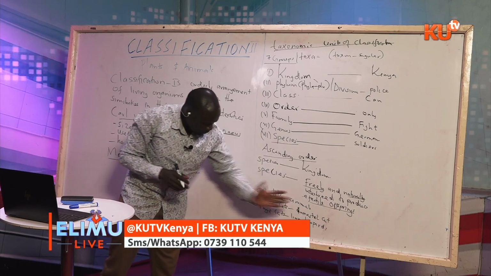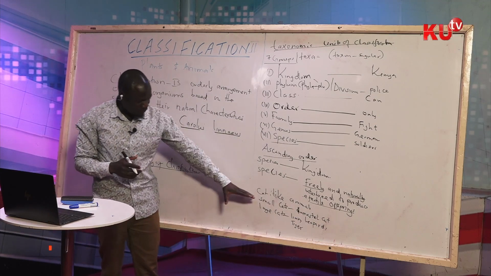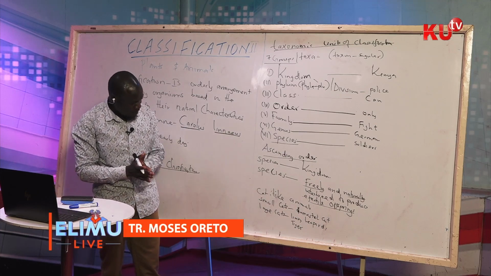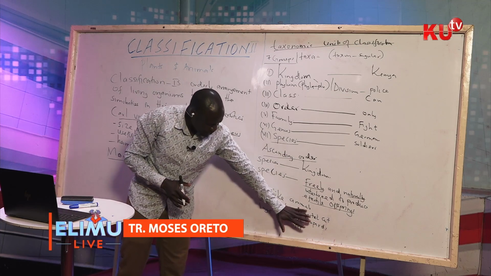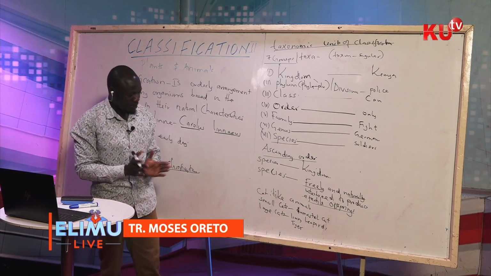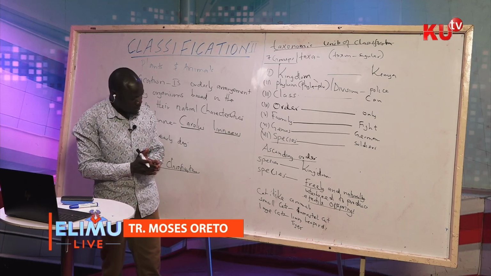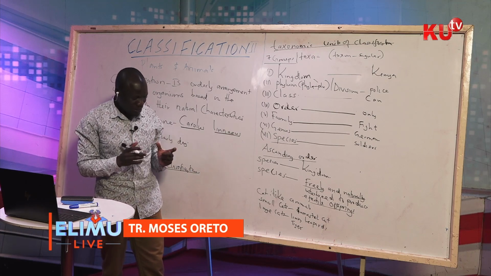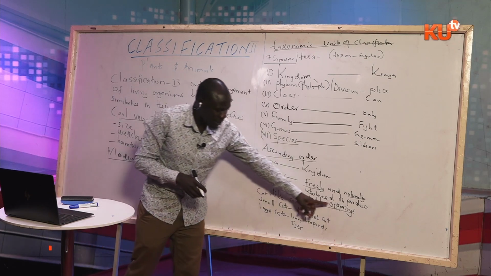These organisms, because of shared characteristics, somebody might think they will be able to mate. But for this concept, sometimes the mating can take place, yes, but will they be able to produce a fertile offspring?